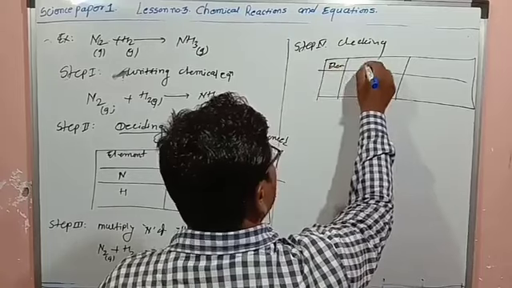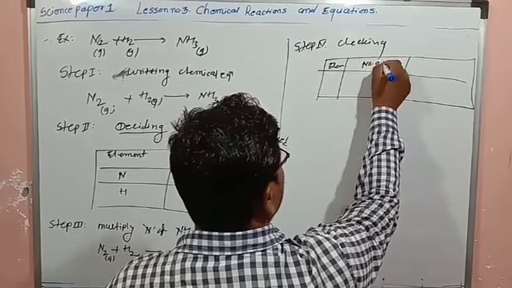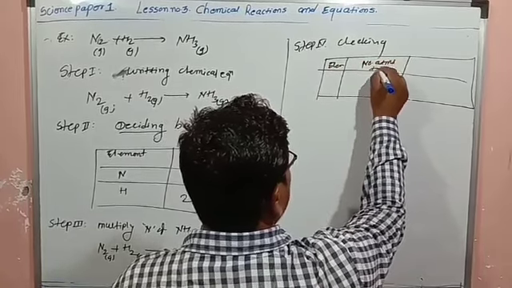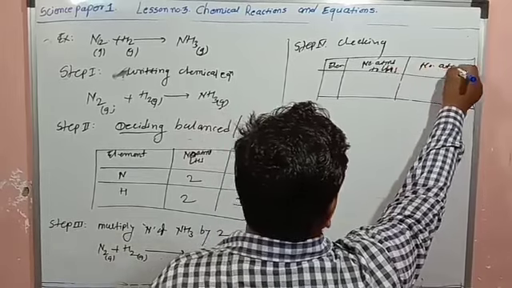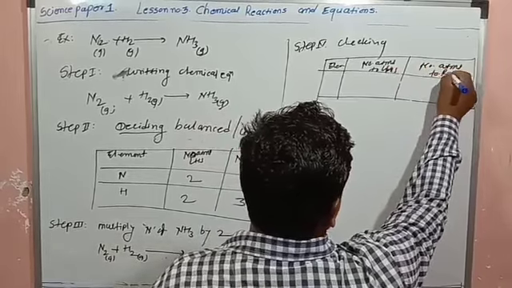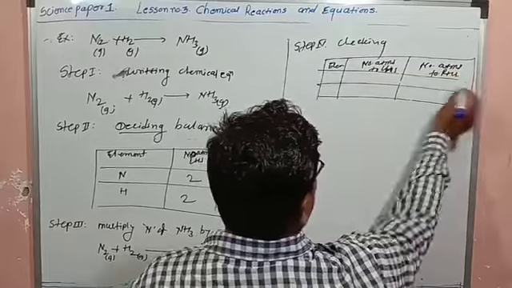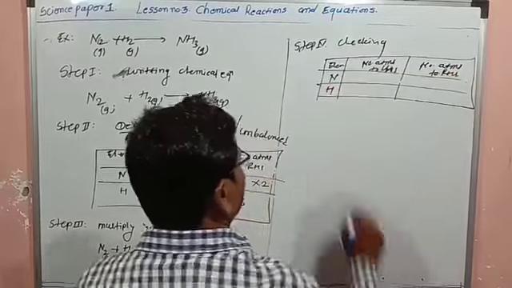Element, number of atoms on the LHS, number of atoms on the RHS. Nitrogen is there, hydrogen is there.